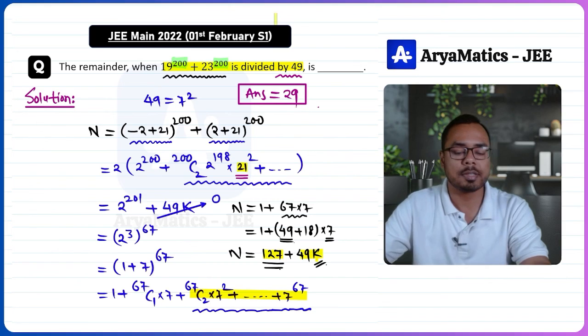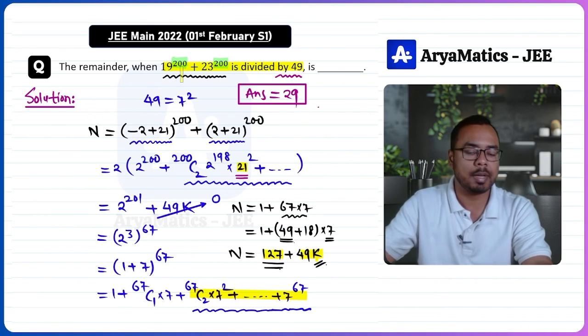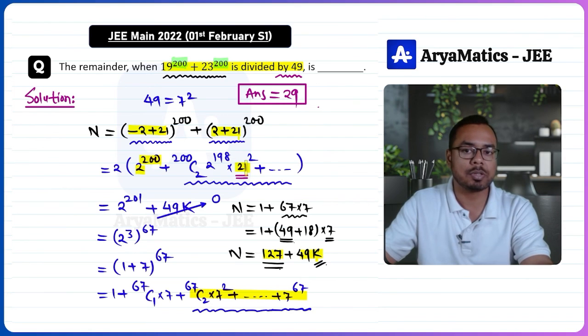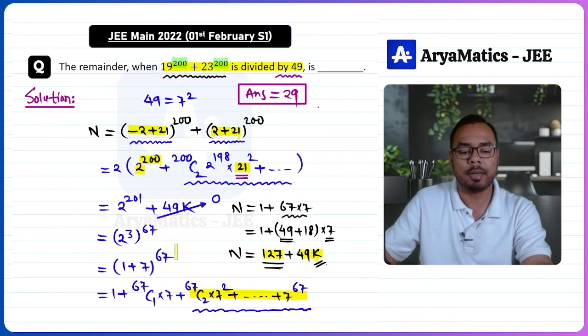This was a very interesting problem where first we had to break this number symmetrically about 21, because 21 was 3 into 7 and 49 is 7 square. After that, when you expand it using binomial, only the first term is not a multiple of 49. All the other terms are multiples of 21 square and hence multiples of 49.